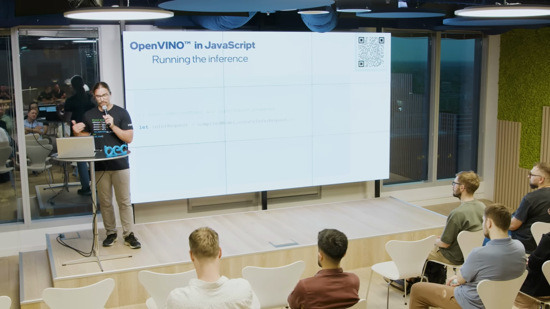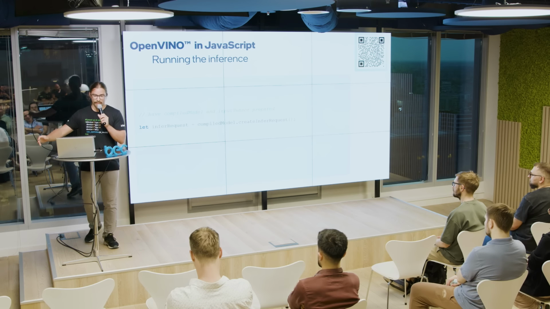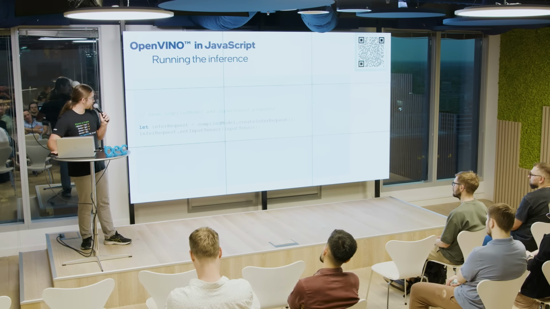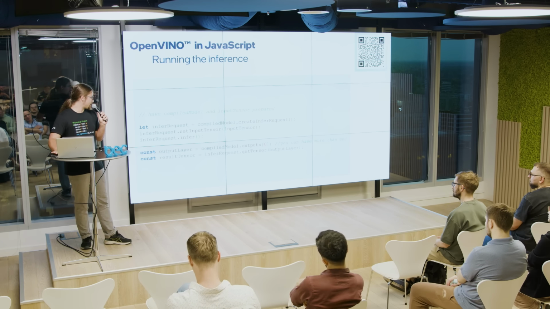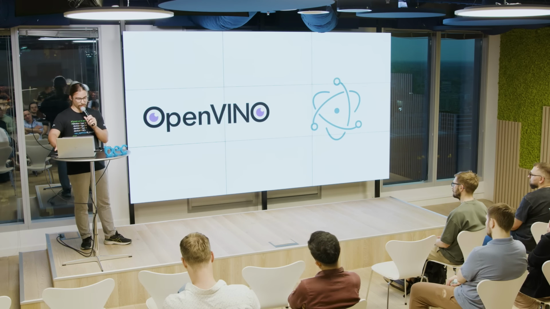This is in C++. Also, we define infer request in JavaScript. And later, we set the input tensor, and we run inference by this simple command. And as I mentioned before, we just find the result tensor, and this is our result.